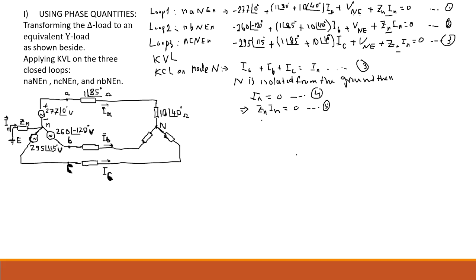IN equals 0, that means that IA plus IB plus IC equals 0. Equation number 7.